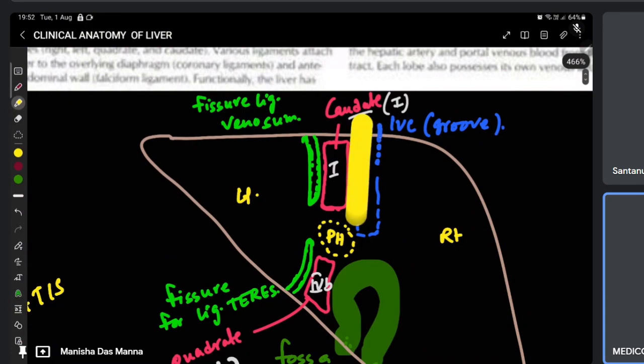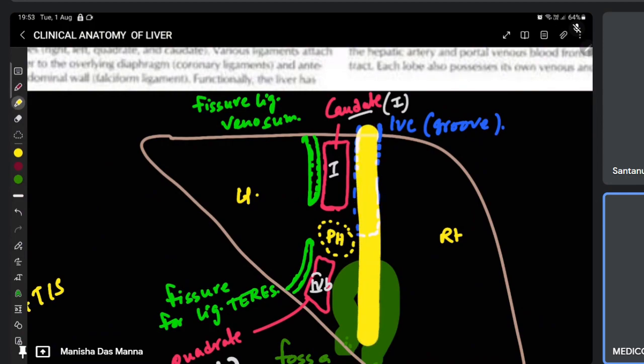This is the groove for IVC, the inferior vena cava. I told you already that an imaginary line joining the IVC to the gallbladder is called Cantlie's line, and it has severe surgical importance, very important in surgery.